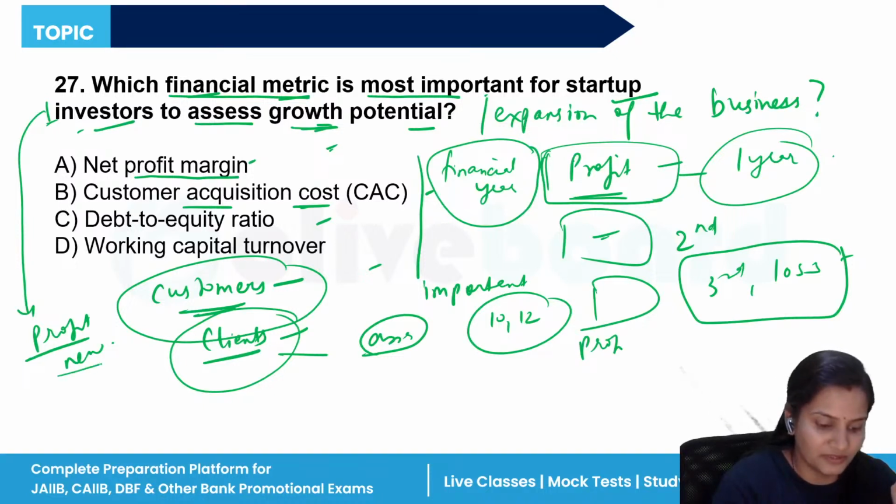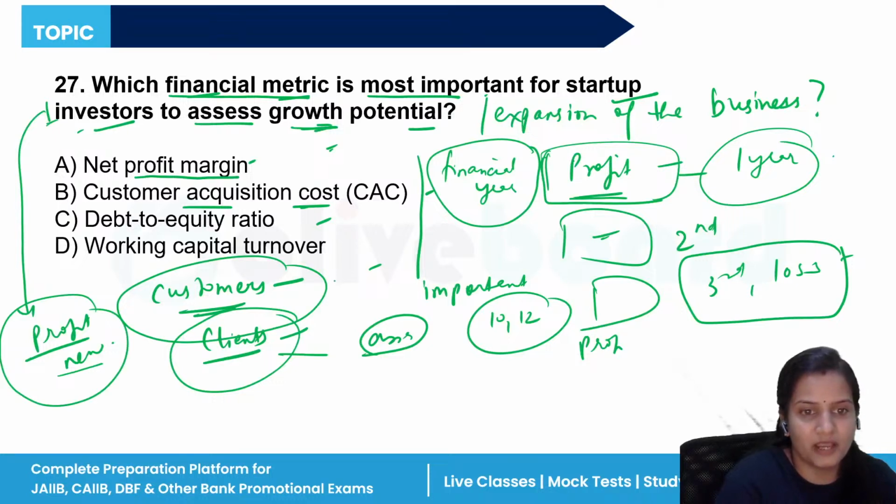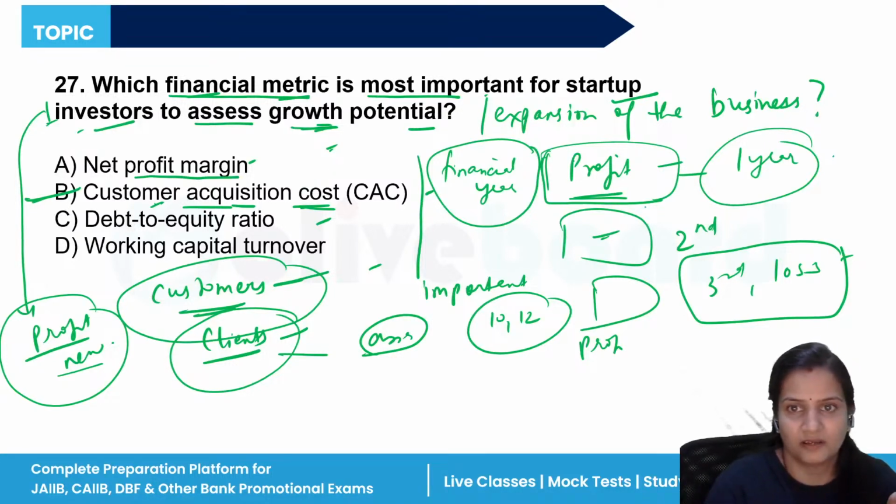But a very new company can only assess through its customers. The more customers they take, the more profit they will generate. So customer acquisition cost means what cost you are giving in order to acquire and retain the customers in your company. Clear? This is for early startup companies.